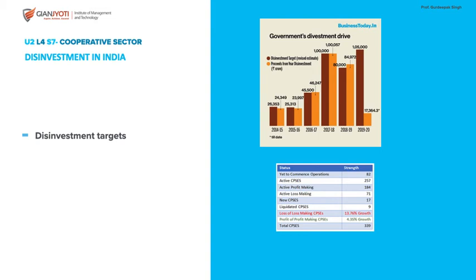The 71 loss making ones have been making a loss of around 13%, against a profit of 4.35, so that is not gelling well. So this is the status of around 339 CPSCs, that is, Central Public Sector Enterprises.